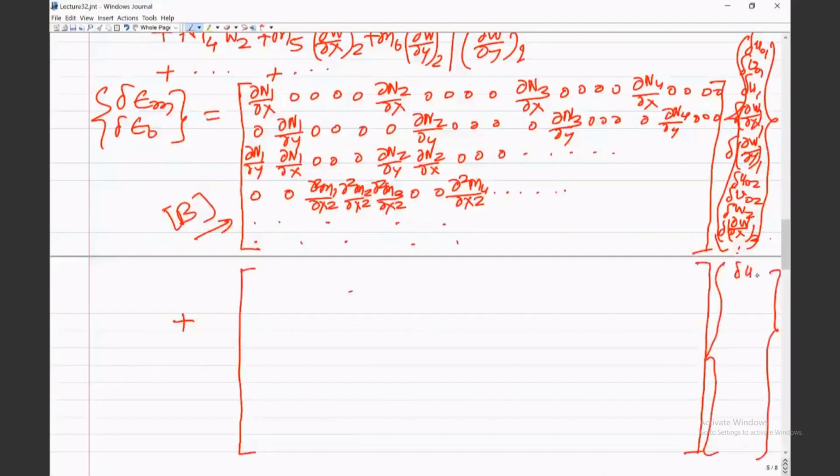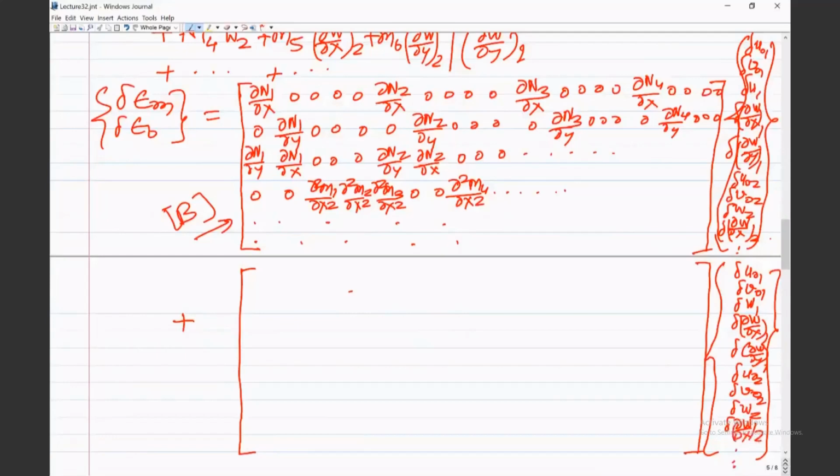So delta of u naught 1, delta of v naught 1, delta of w1, delta of del w by del x at 1, delta of del w by del y at 1, then delta of u naught 2, delta of v naught 2, delta of w2, delta of del w by del x at 2, and so on. I am not writing all the terms. Now, you can write in a similar manner.